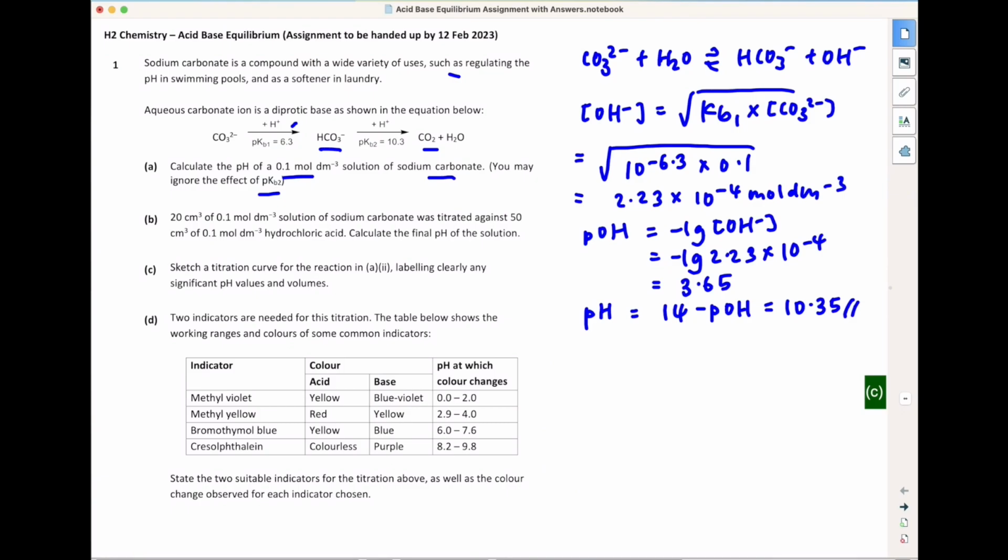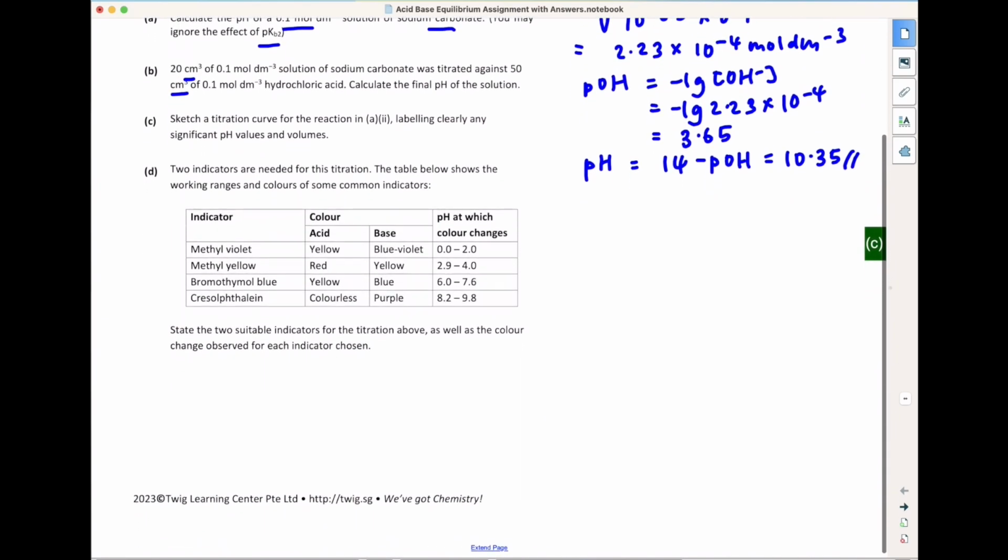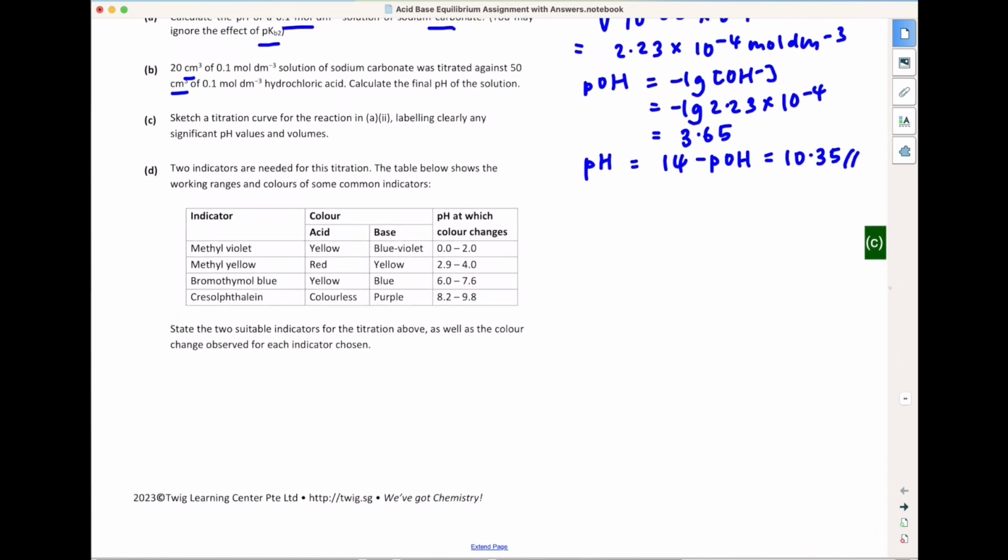The next part: 20 cm³ of sodium carbonate was titrated against 50 cm³ of hydrochloric acid. Calculate the final pH of the solution. How do we do a question like that? Let's take a look. Imagine the carbonate reacting with H+ to form HCO3-.